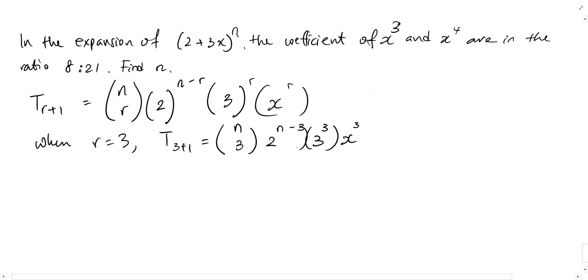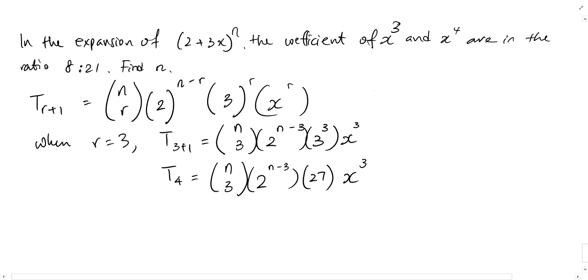So put in the brackets. So far okay? These are all still constants, still numbers, but I don't know the value of n. I do know that T4, term number 4, equals n choose 3, 2 to the power of n minus 3, 3 to the power of 3 is 27, and x to the power of 3.